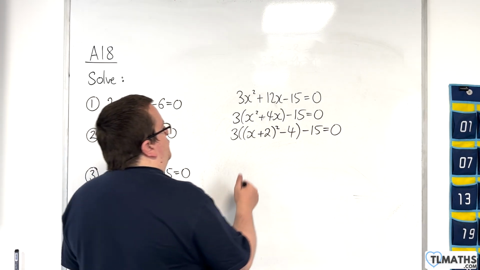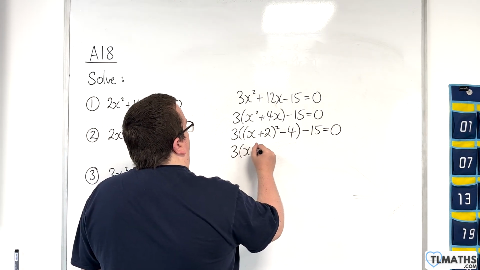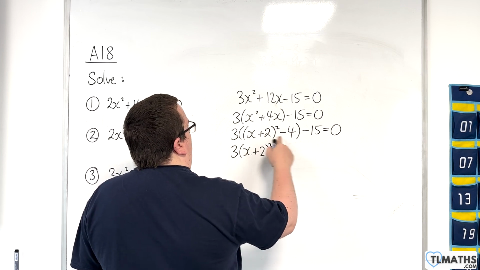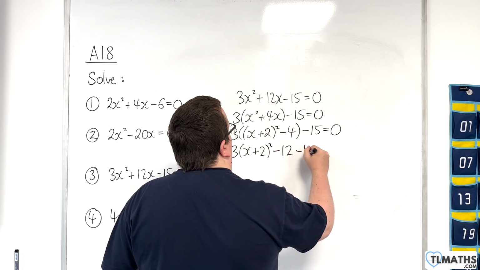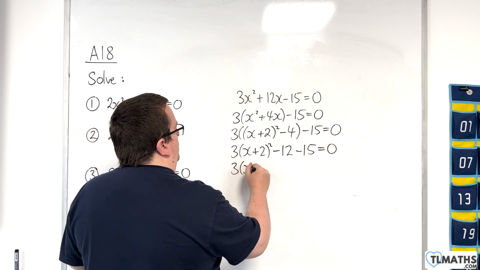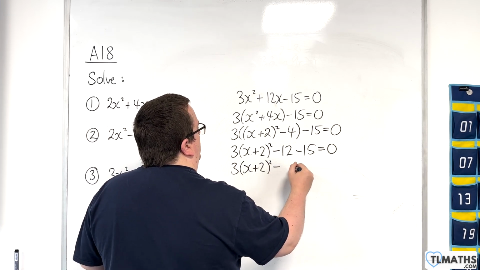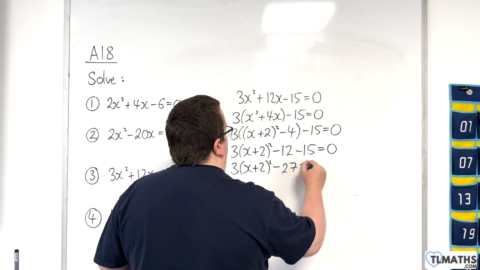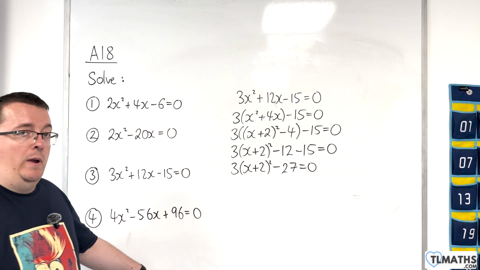Then multiply through, so 3 lots of x plus 2 squared, 3 lots of minus 4 is minus 12, take away 15 is 0. So 3 lots of x plus 2 squared, take away 27 is 0. So we've now completed the square.